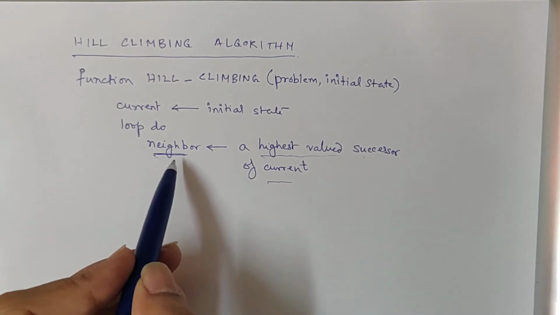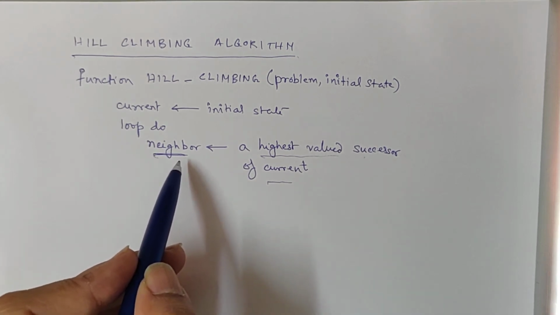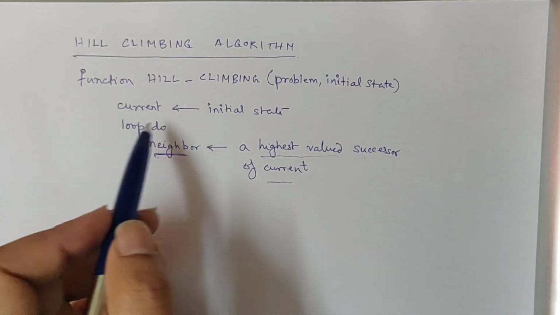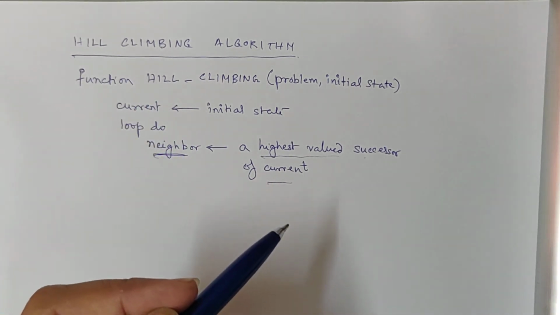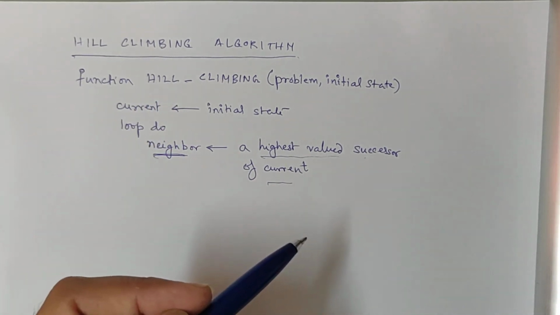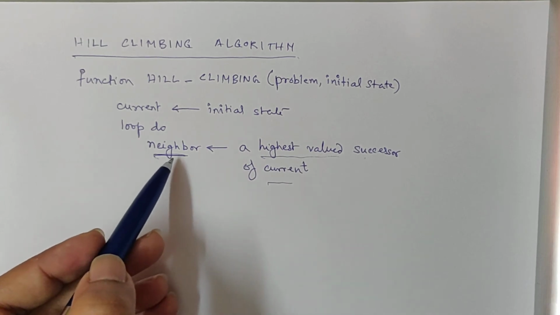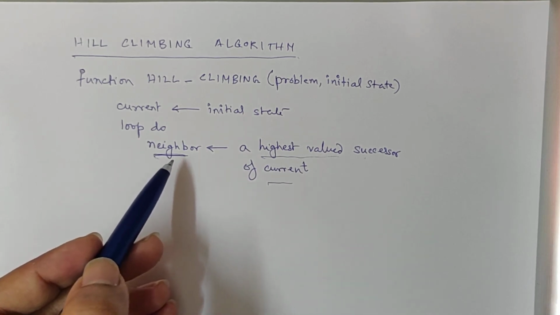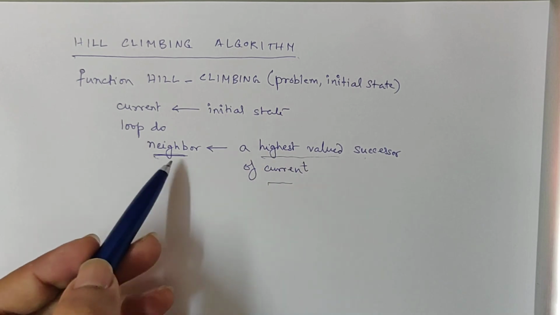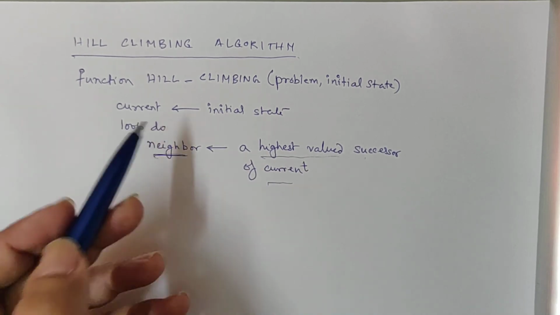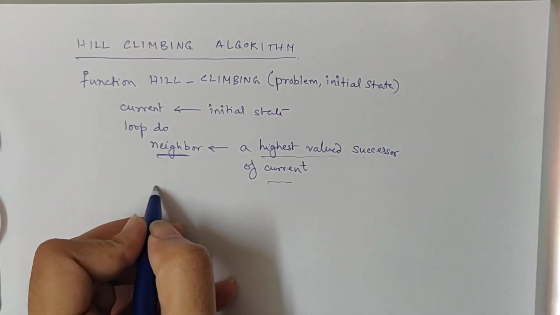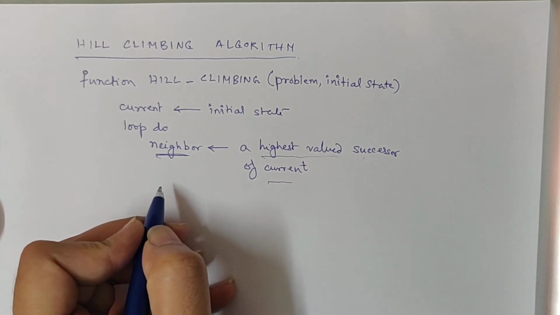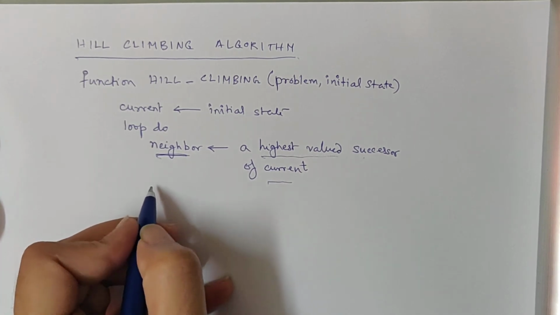But does it check whether it is more promising than the present current node? No, it does not. Maybe it is the best among the successors, but maybe it is not better than the current. So I have to check that also, because I want to go up the objective function.